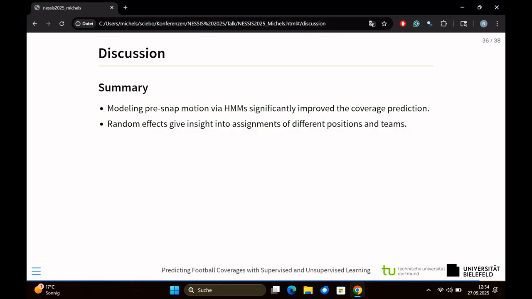Okay, let's conclude. So what have we done? We modeled the pre-snap motion via HMMs, and that significantly improved the coverage prediction. And we included random effects, and they give insight into the assignment of different positions and teams. This is also really important because what I used here is statistical modeling, in contrast to neural networks or just any AI thing.